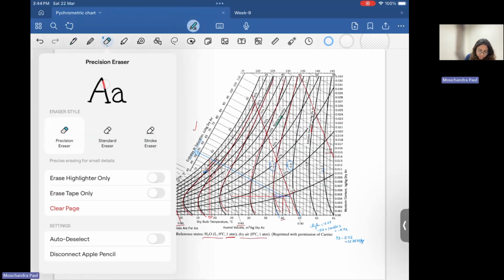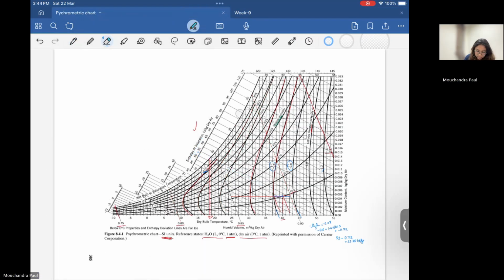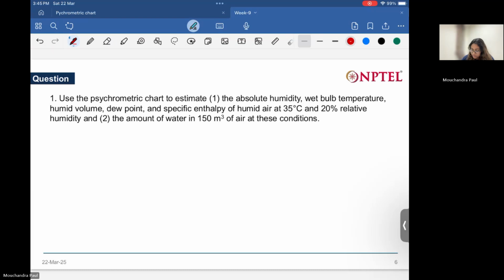Let's clear this chart. We would need this chart to solve the problems. This is the first problem that we have here.